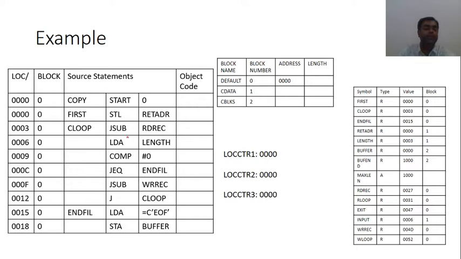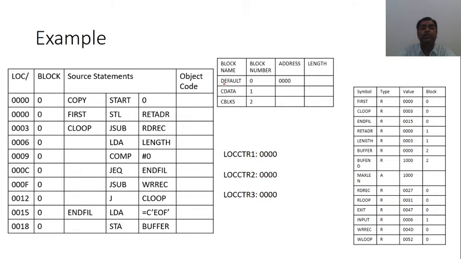Here is part of our program. In our program, the block names are the default block, CDATA block and CBLKS block. The block numbers corresponding to these blocks are 0, 1, 2, and that is why I divided this program into 3 blocks.